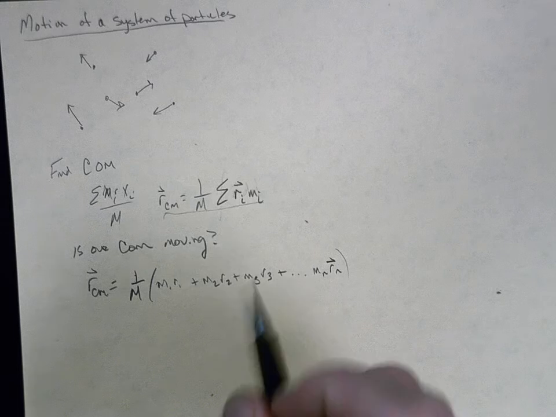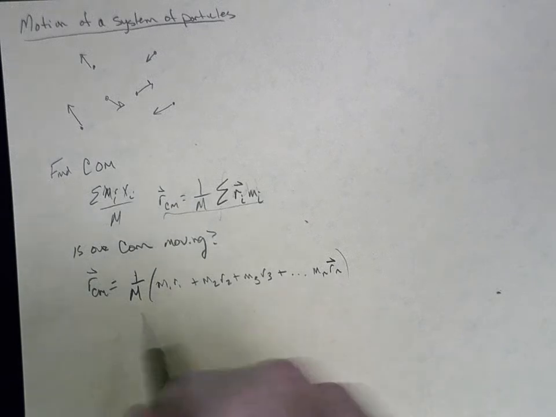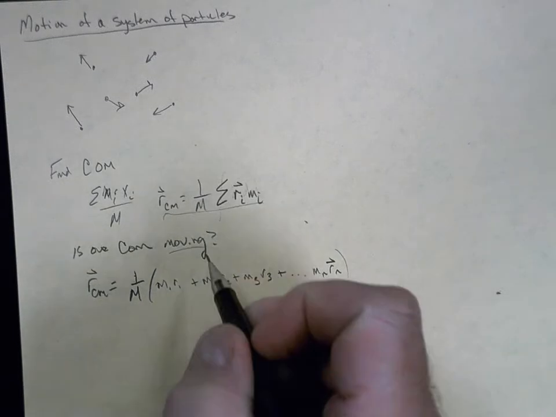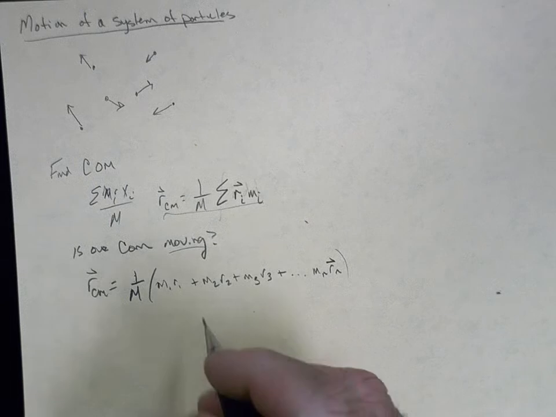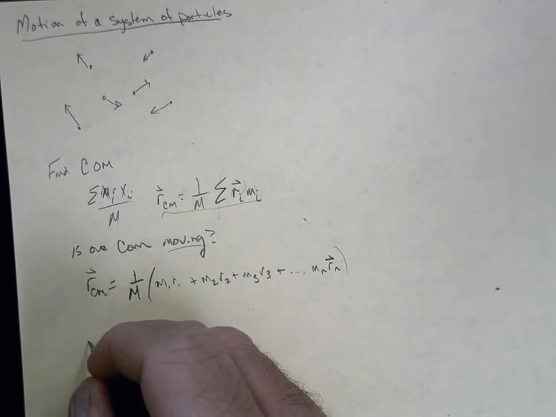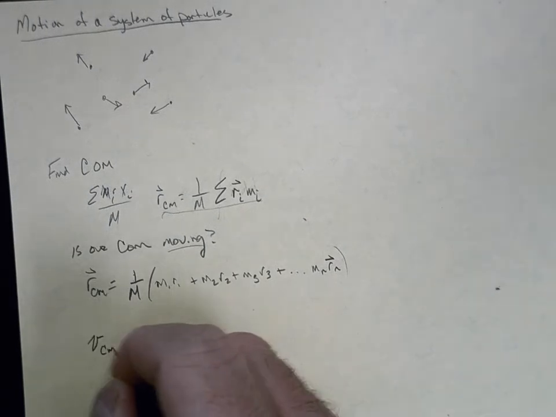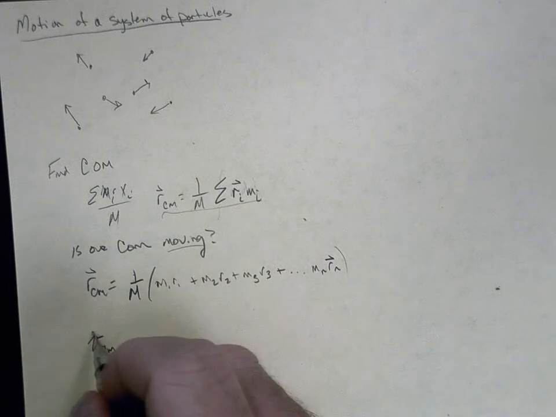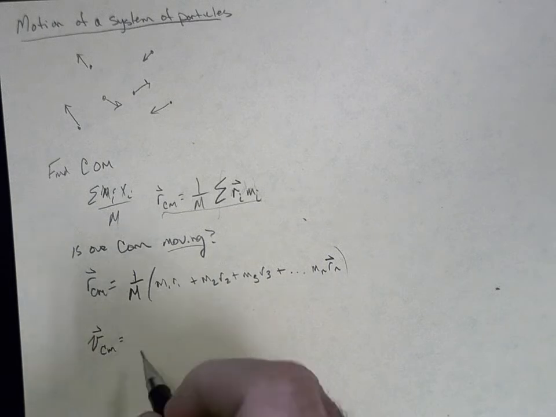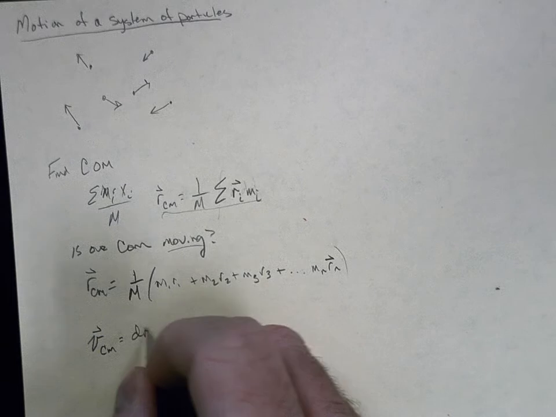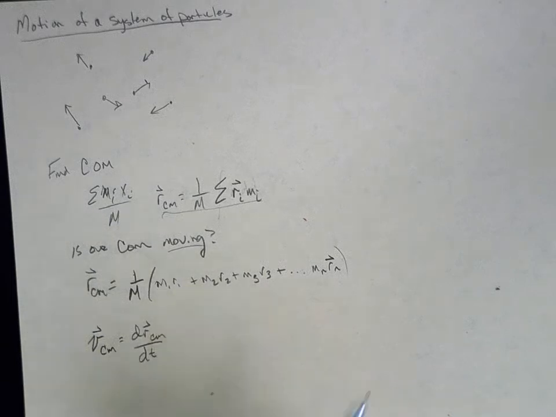And that's going to be the position of our center of mass, but we want to see if it's moving. So we're actually looking for the velocity of the center of mass. But what is velocity if nothing but d r_CM dt?